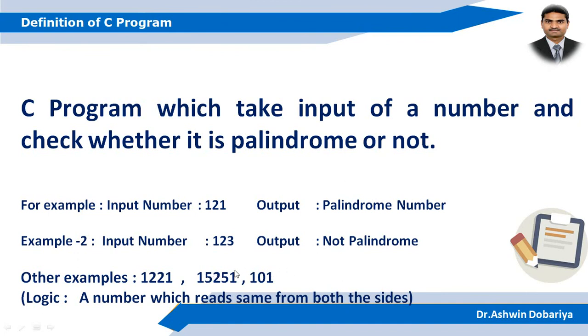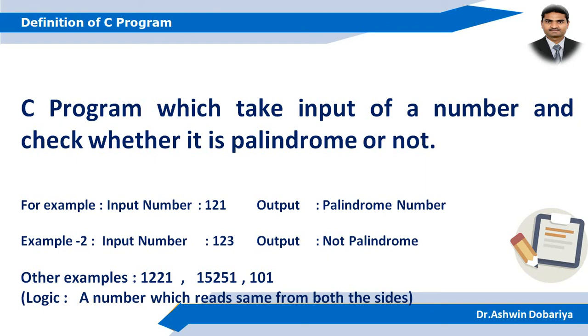So all are examples of palindromes. Ultimately, the main logic of a palindrome is a number which reads the same from both sides. If you reverse it, meaning right to left, in both cases the numbers are equal. This kind of number is known as a palindrome number.